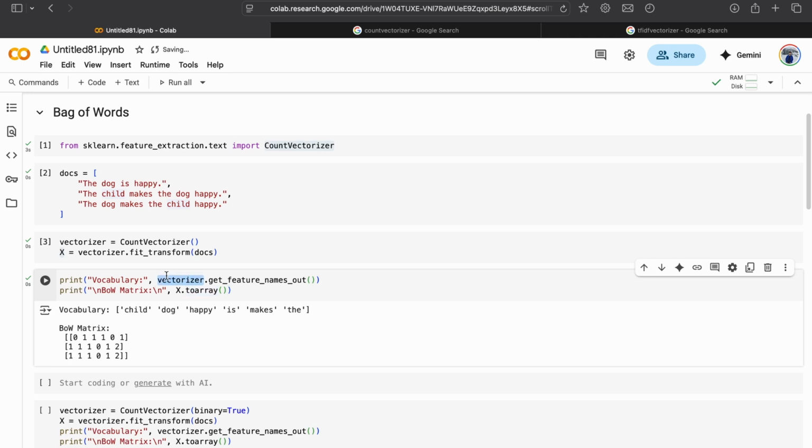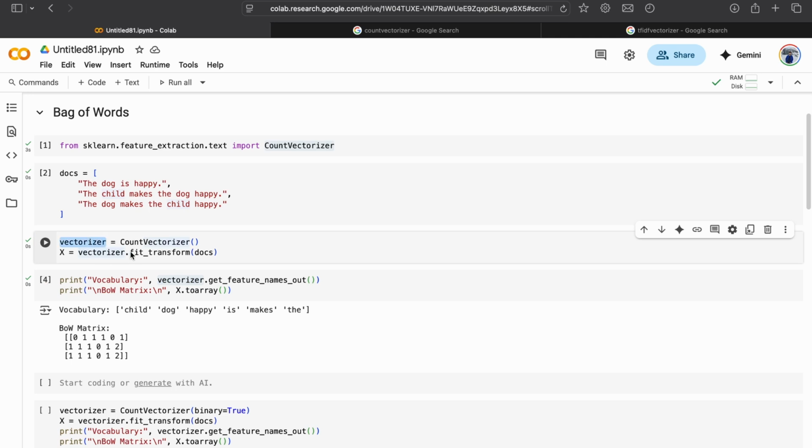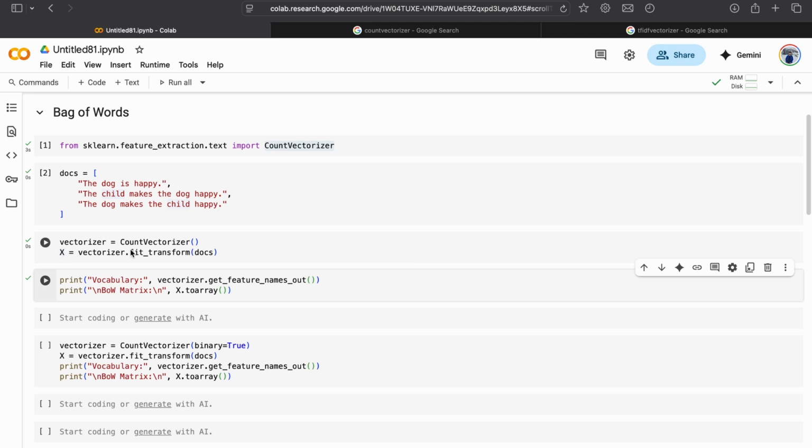So basically here we have transformed our corpus into numerical representations. After transforming the corpus into numerical form, what we are doing here is getting the feature names.